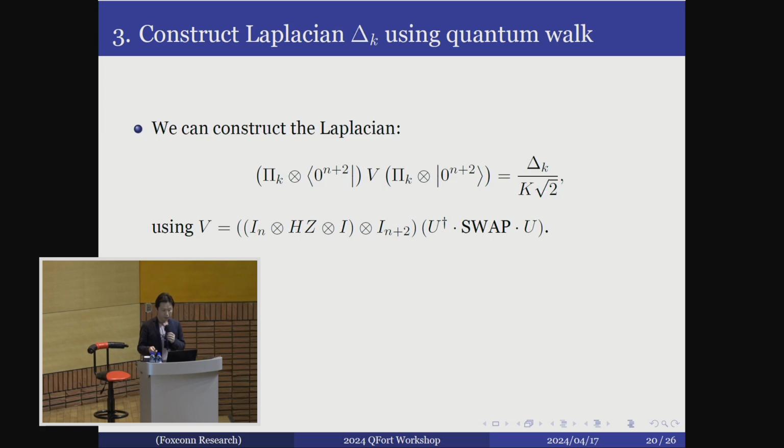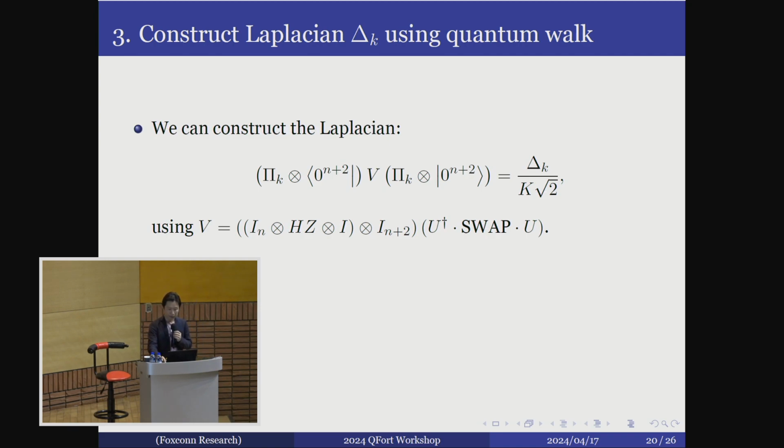Okay. Once we have this quantum walk unitary, we can obtain this Laplacian using this equation. This V matrix is constructed using a quantum walk plus a swap operation between these two large registers.